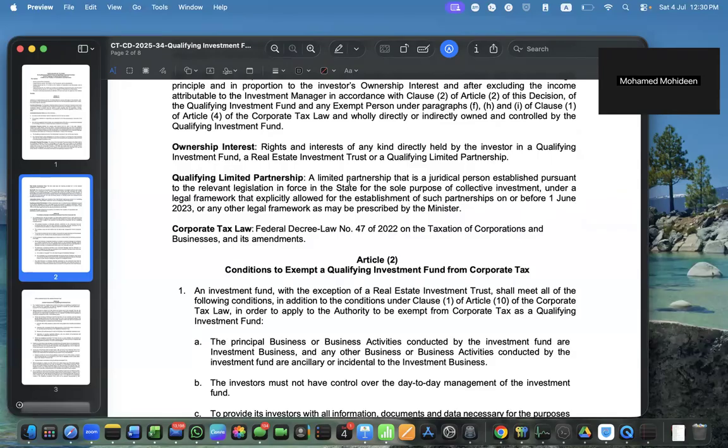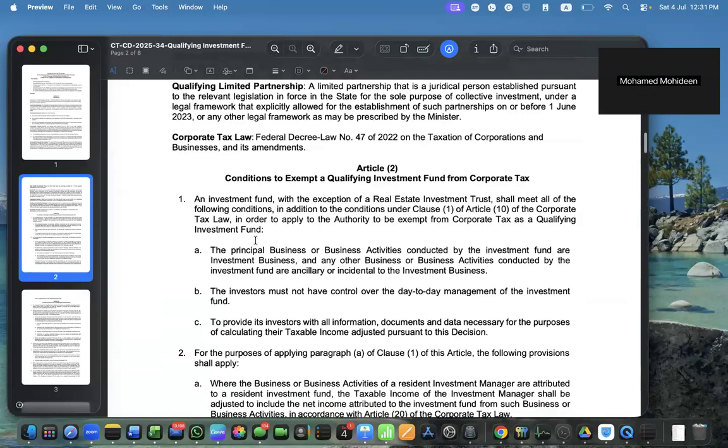So a limited partnership that's properly a juridical person, formed under a proper law. Usually DIFC and ADGM have limited partnership structures for the sole purpose of collective investment under a legal framework that allowed for the establishment of such partnerships, or any other legal framework as may be prescribed by the minister. In short, it is an LLP, and it should comply with the qualification conditions.